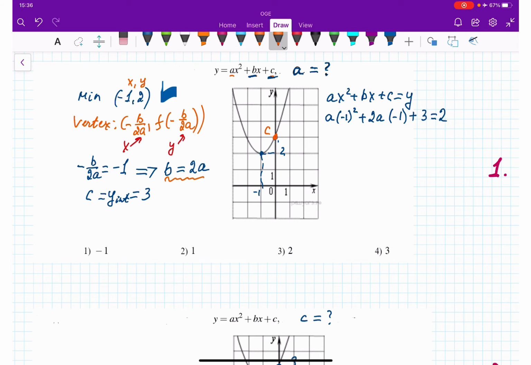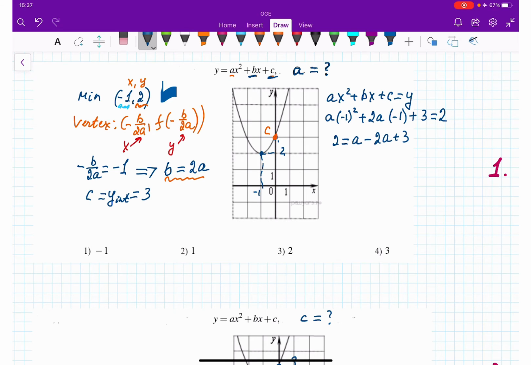Where is this 2 from? That's the coordinate of y, right? We used the coordinate of x as -1, where the minimum is. And accordingly, the y for this -1 is +2. That is my y. Okay, from here, let's find our a. So 2 is equal to a minus 2a plus 3.